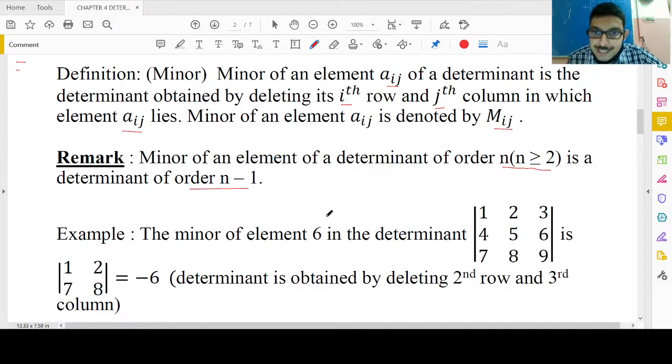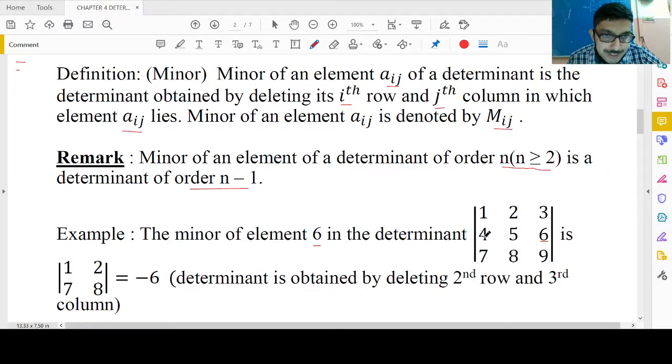So we'll consider an example. Here a determinant of order 3 is given. You are asked to find the minor of element 6 in this. 6 lies in the second row, third column. So to find the minor of element 6, we have to delete the second row, third column.